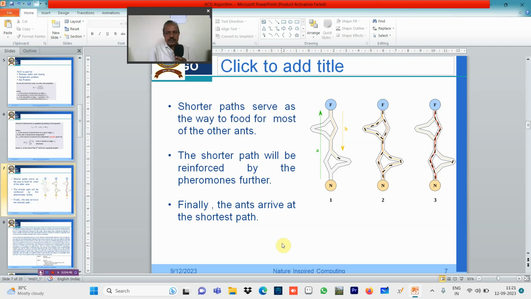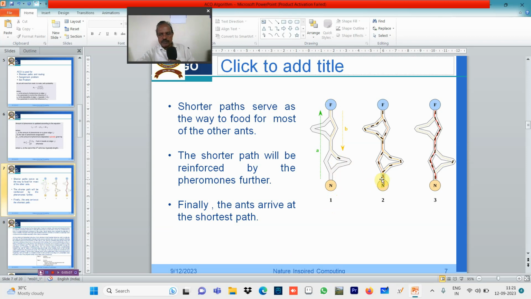Let us see how it actually happens. Suppose in figure 1 this is the nest and this is the food or the goal. Initially one ant starts here, going in this direction, leaving pheromones.